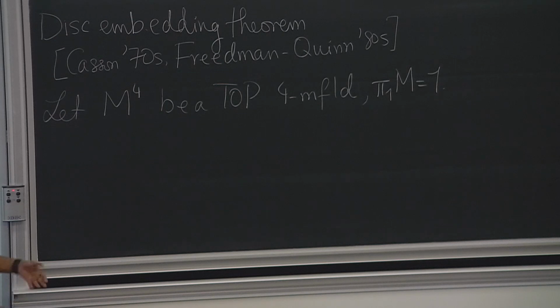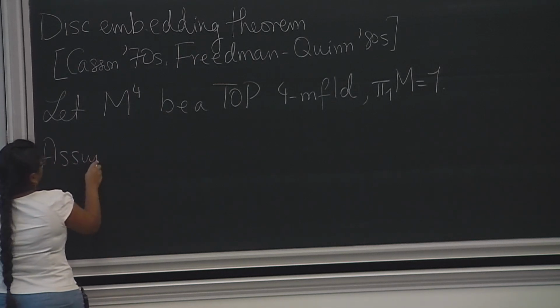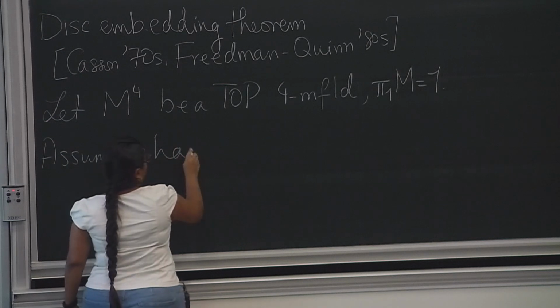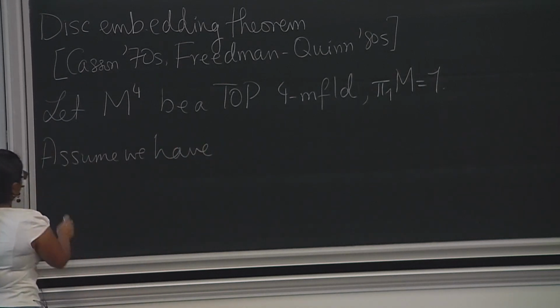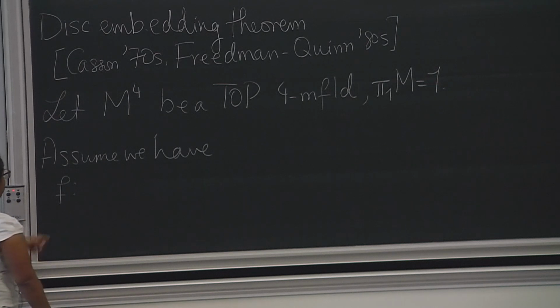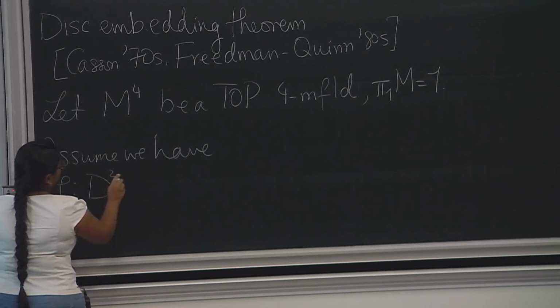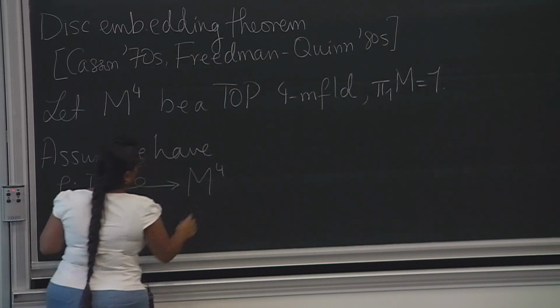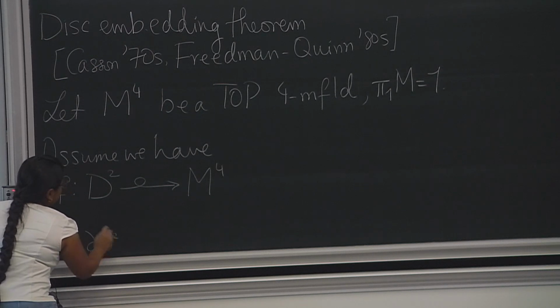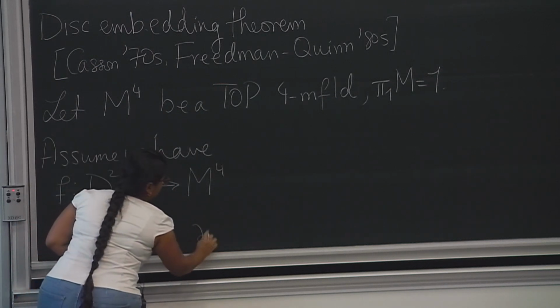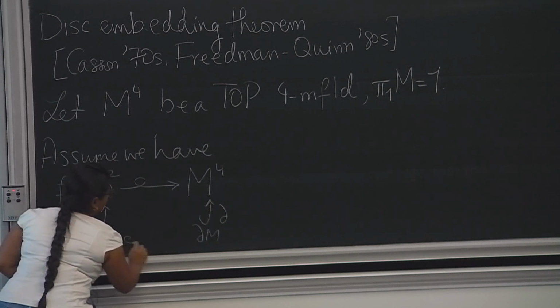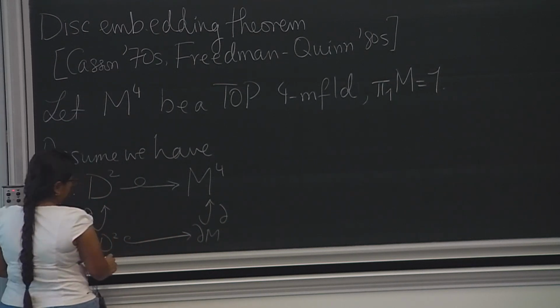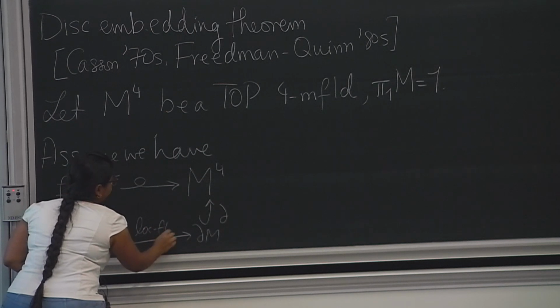So I'm going to try to embed something. I need an input. The input is going to be a map coming from a disk. So assume we have two things. The first thing is going to be some map little f, that's going to be from D2 into my four manifold. And I'm going to assume that the boundary is already embedded, let's say locally flat.